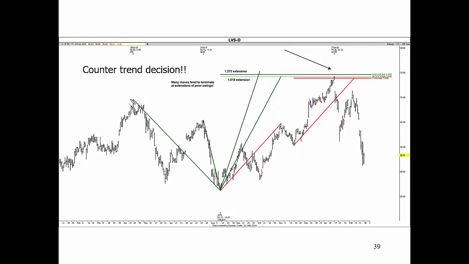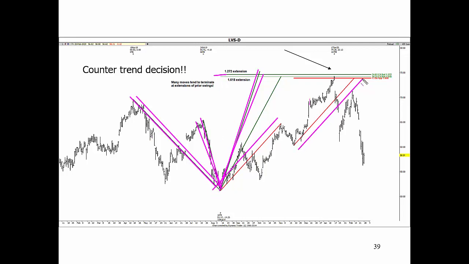Now, one of the things that I've already told you is that many moves tend to terminate at extensions of prior swings. So I had this high to low extended, and then this high to low extended. So you had a 1272 extension of one swing, the larger one, and a 1618 of the smaller one. They just happen to overlap each other. And then the other thing you can do is compare swings in the same direction.